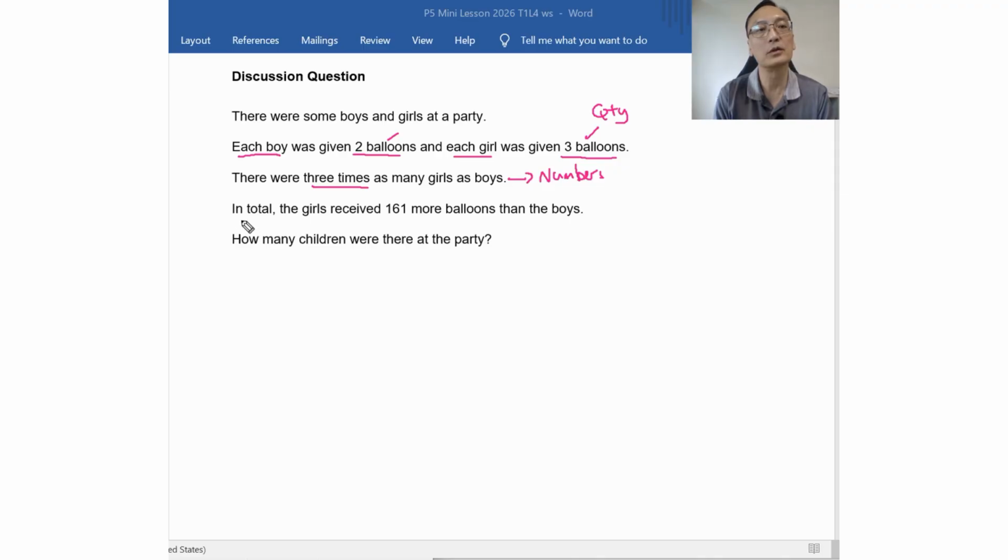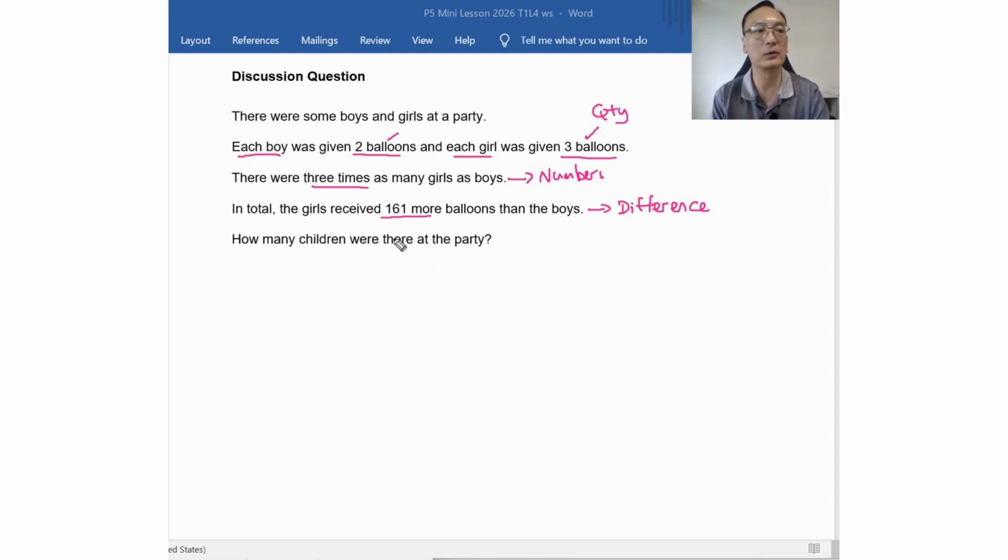And in total, the girls received 161 more balloons than the boys. So this row tells us the difference in the quantity of balloons, right? Let's write down the word difference. And we need to find how many children were there at the party.